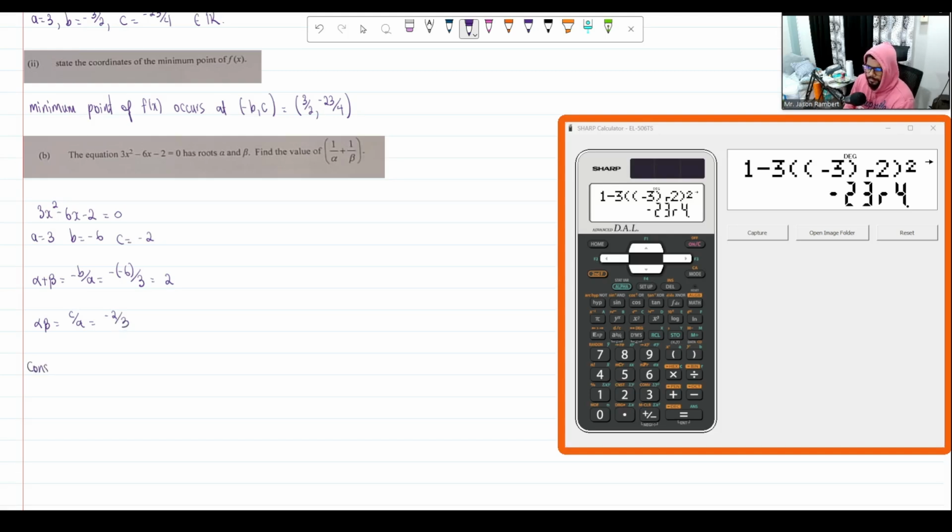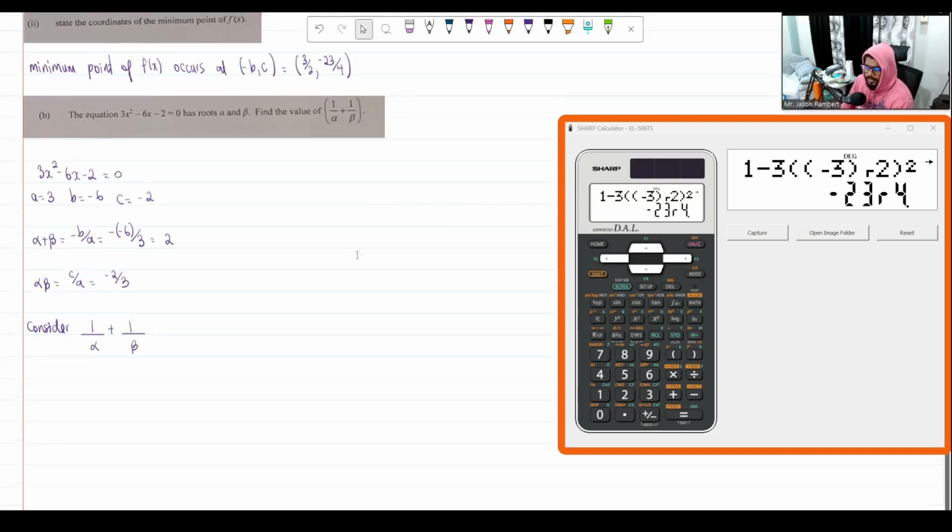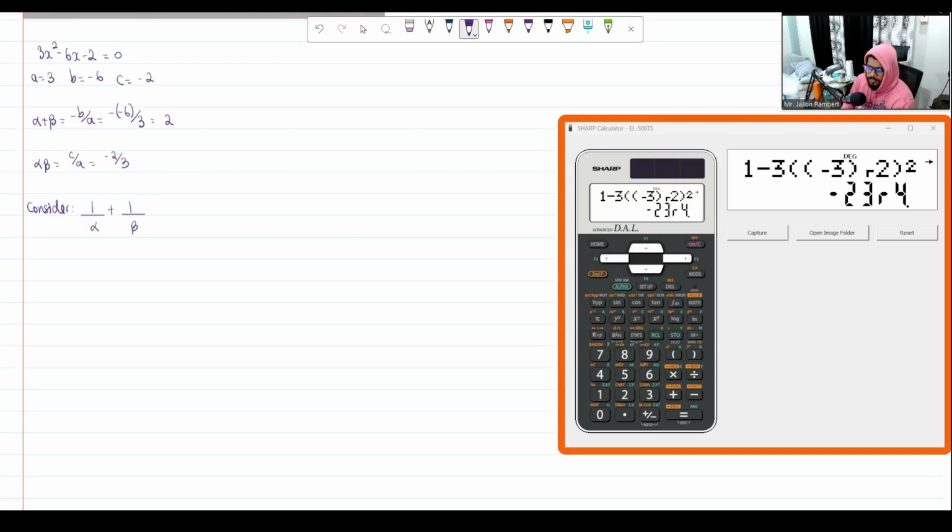Consider 1 over alpha plus 1 over beta. I could get my LCM here. This is equal to beta plus alpha over alpha beta. And I put in the top as alpha plus beta over alpha beta.